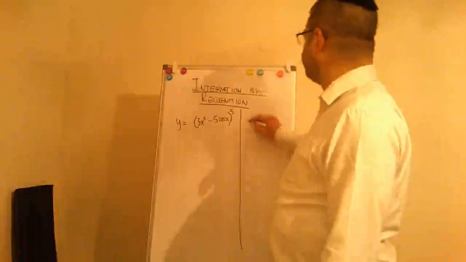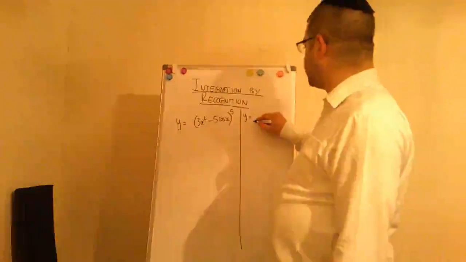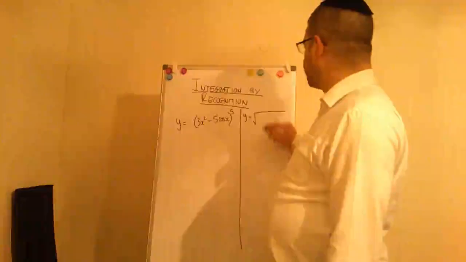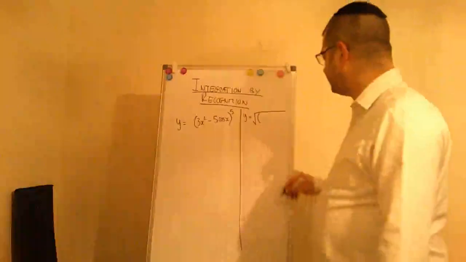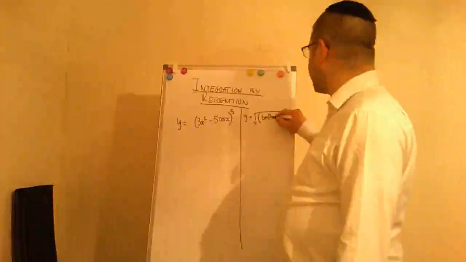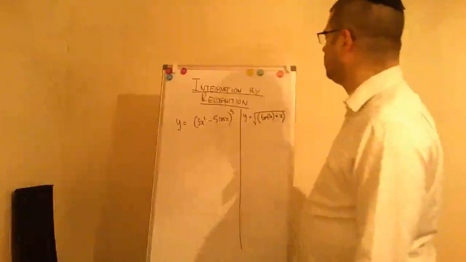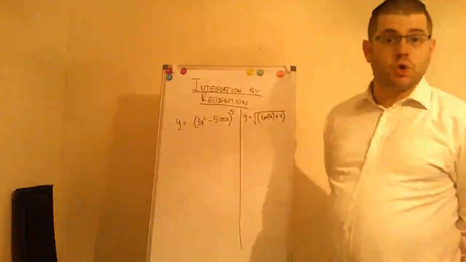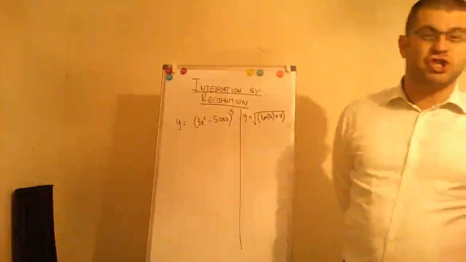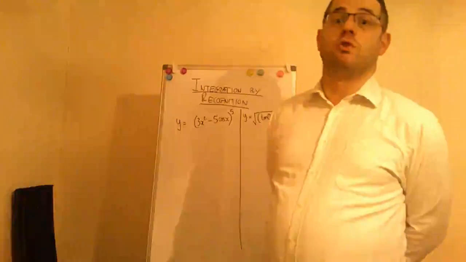And number 2, y is the square root of (tan 2x plus x). Differentiate those two following functions, see what they have in common so you can generalise it, and then reverse it to find a rule for integration.